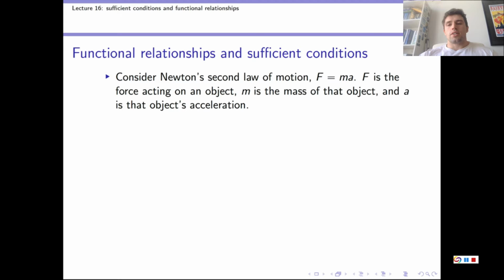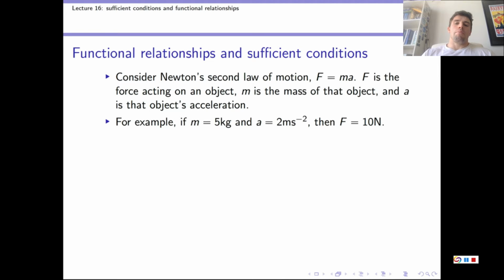Now the equation establishes F as a function of m and a, in that each pair of values for m and a uniquely determine a value for F. So, for example, if the mass m of an object is 5 kilograms, and its acceleration a is 2 meters per second squared, that's just the units we use to measure acceleration, there's no need to worry about the squared thing here. Then the force acting on that object is 10 newtons, and again, newtons are the unit that force is measured in, there's no need to worry about the units here.